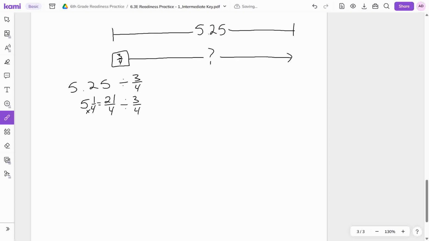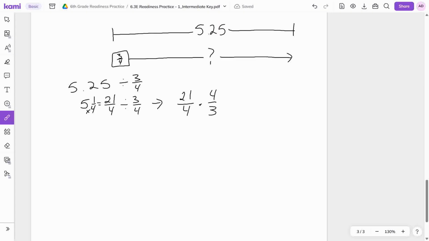Now, here's the trick. What we could do is we can actually take the reciprocal and the inverse operation. So we can take 21/4 and we can multiply by 4/3. We take our second fraction, we flip it upside down, we change the division to multiplication.